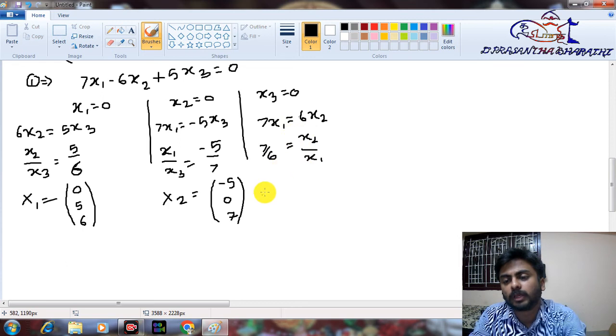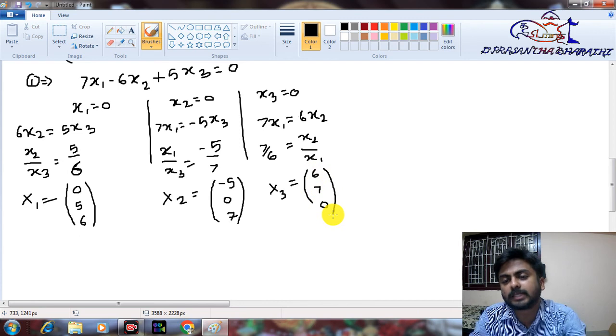So here we are having the third eigenvector: x1 equal to 6, x2 equal to 7 and x3 equal to 0.